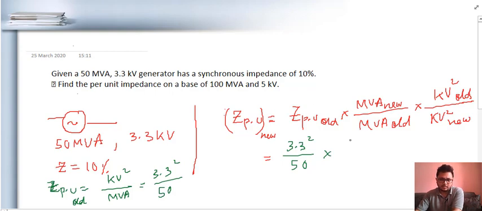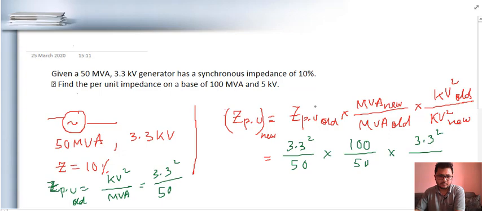So in terms of MVA I have written 100 by MVA old, which is 50, into kV old, the previous value, 3.3, whole square by kV new. kV new is how much? 5.